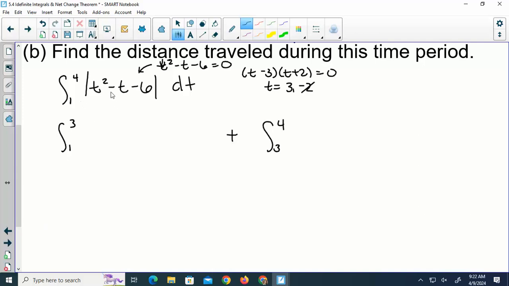If you put in a number between 1 and 3, even if we put in a 1 itself, we get 1 minus 1 minus 6. That's a negative. So the absolute value would make it positive, so we'll do the opposite of this. If we go between 3 and 4, even if we put in a 4, 16 minus 4 minus 6, that's positive, so the absolute value doesn't change.